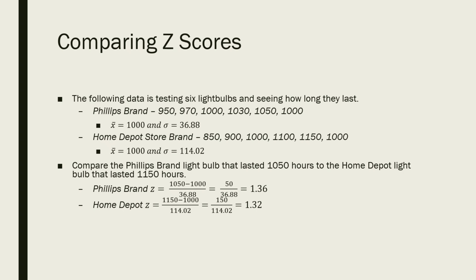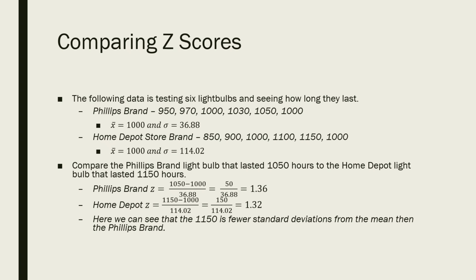So we can now compare these two to their respective distributions, and we can see that the 1,050 is further away from the mean than the 1,150 is in the Home Depot. All right, that's what I've written out here as our conclusion: the Home Depot value is fewer standard deviations from the mean than the Philips brand.